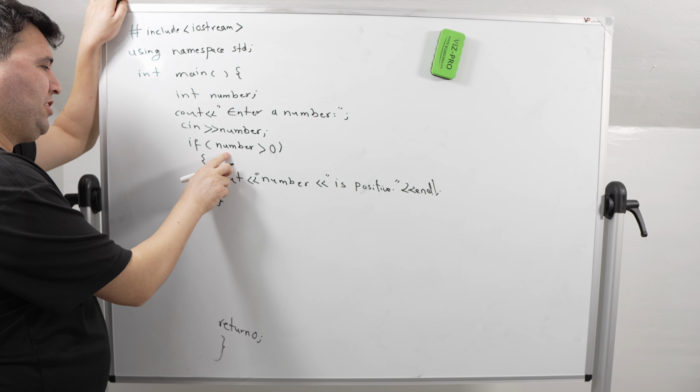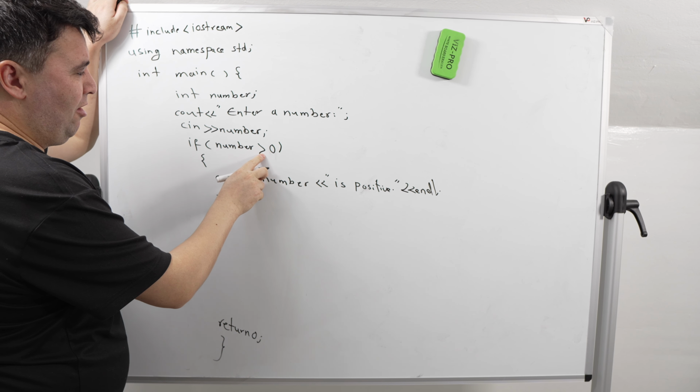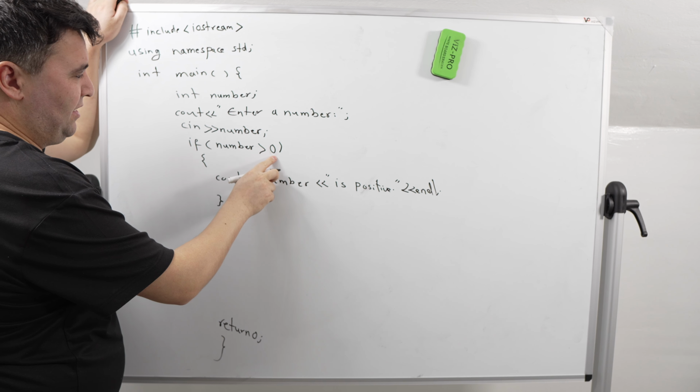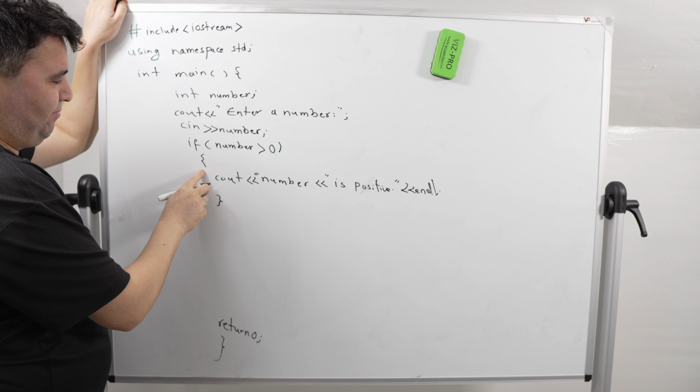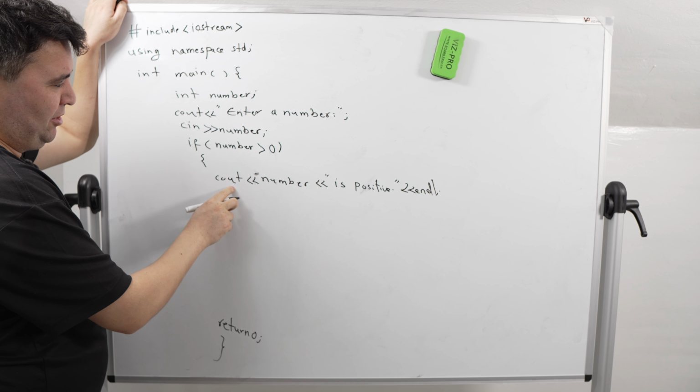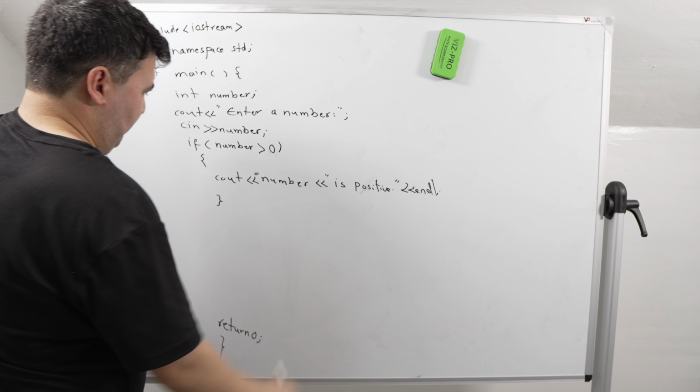So our first condition is if the number is greater than 0, the if part will be executed, which is cout saying the number is positive.